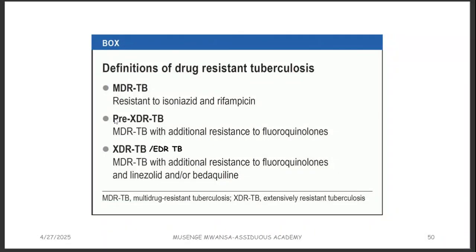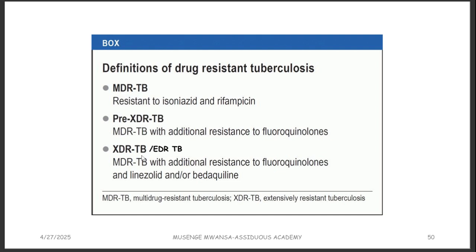Okay. So MDR-TB is resistant to isoniazid and rifampicin. You have pre-XDR-TB, where there is additional resistance to the fluoroquinolone besides the isoniazid and rifampicin. And then there's XDR-TB, where it is MDR-TB, resistant to isoniazid and rifampicin, and in addition also resistant to fluoroquinolones, linezolid, and or bedaquiline.